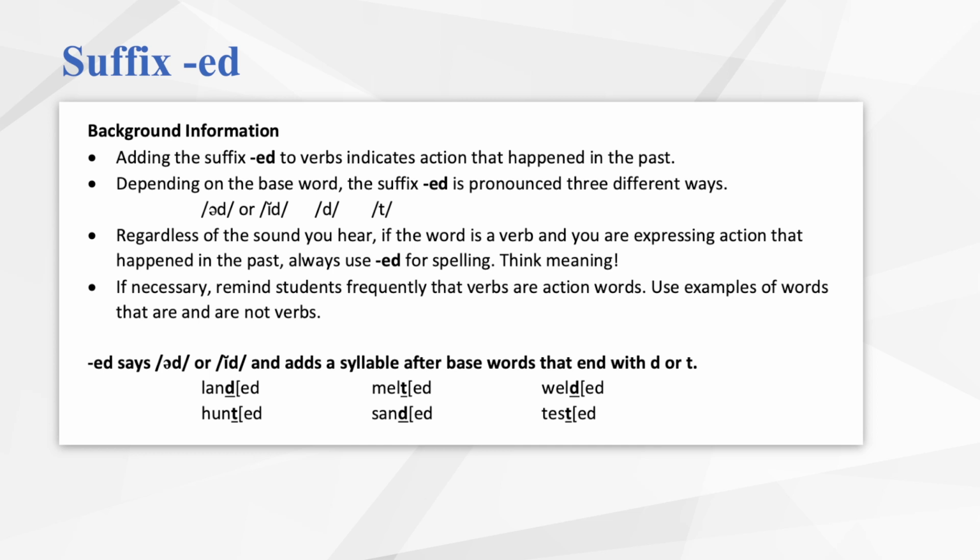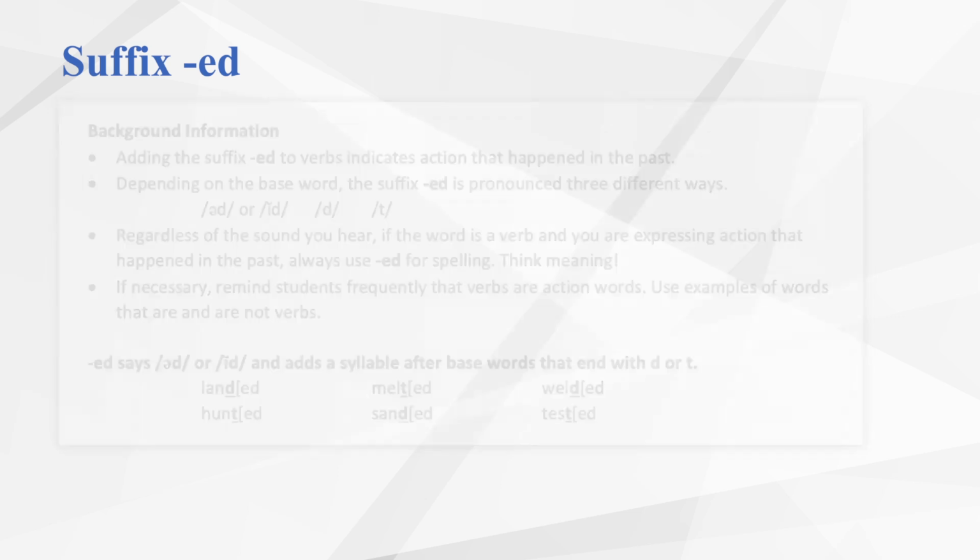Hunt ends with the letter T, so when we add suffix ed, it says id, hunted. Our very first introduction of suffix ed in our lessons on our website starts with this process of just teaching that first pronunciation of ed and supporting students to understand that ed only says id if the last letter in the base word is a D or a T.